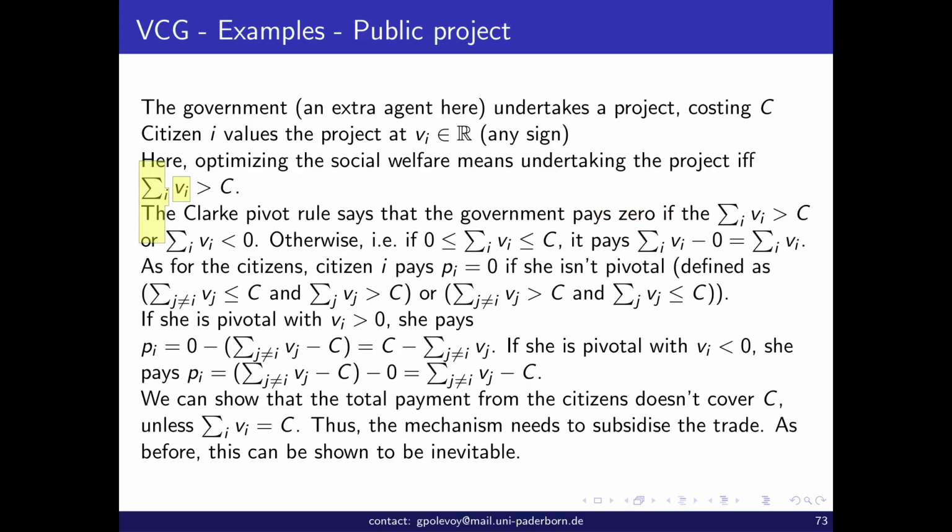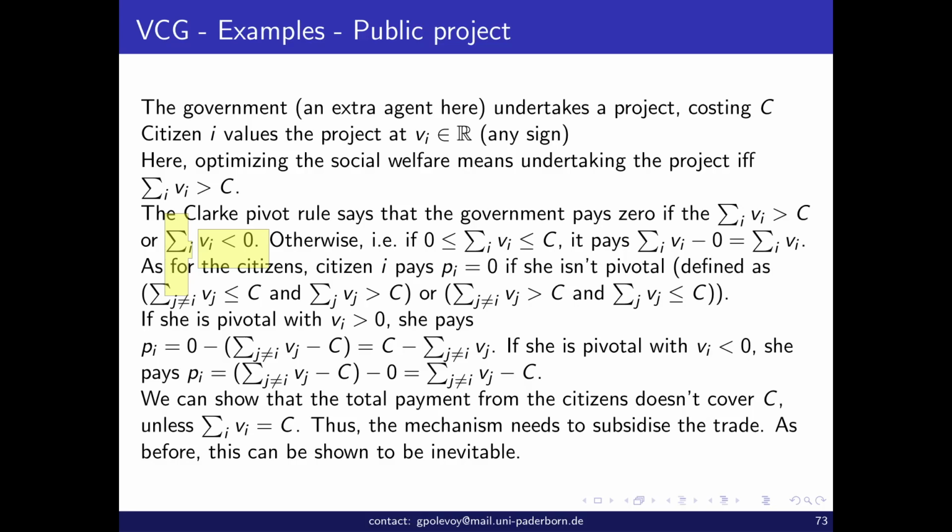Now, if the sum of the values is strictly negative, so in total the players don't like that idea, also the government does not pay anything, because without the government, you can still build the thing. The options remain. When I say without the government, I don't mean that we don't use the government's services. I mean that we don't think of the government's value when considering the choice to make.